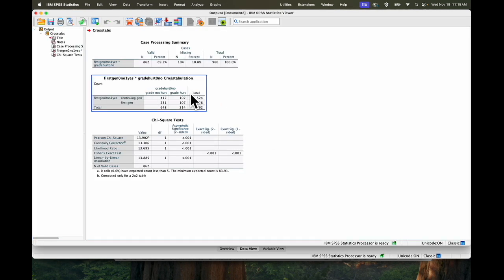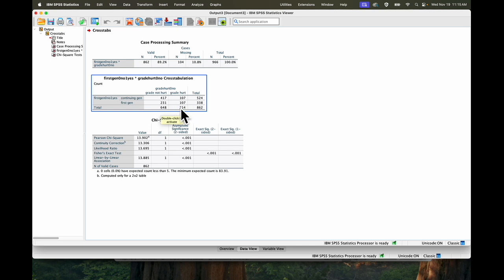And what we can see here is we have it distributed where it shows the marginal counts, which is the number of students who are continuing generation, first generation. The number of students at the bottom of this row are those whose grades were not hurt because they couldn't afford an access code.